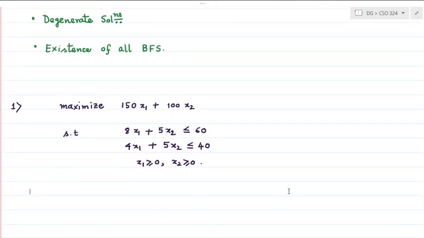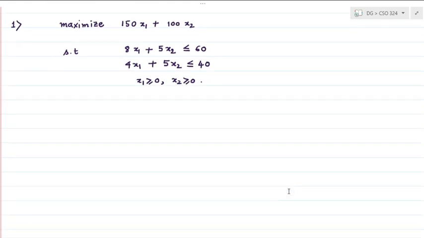For this problem, you graph out the feasible region, that is the set of all possible points x1, x2 which satisfy both the inequalities together with the non-negativity restriction.